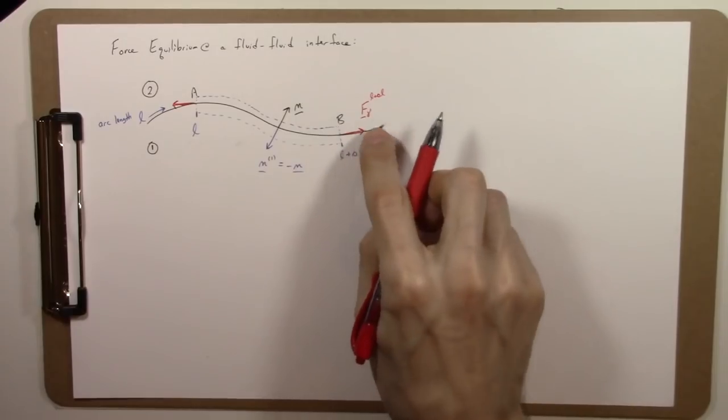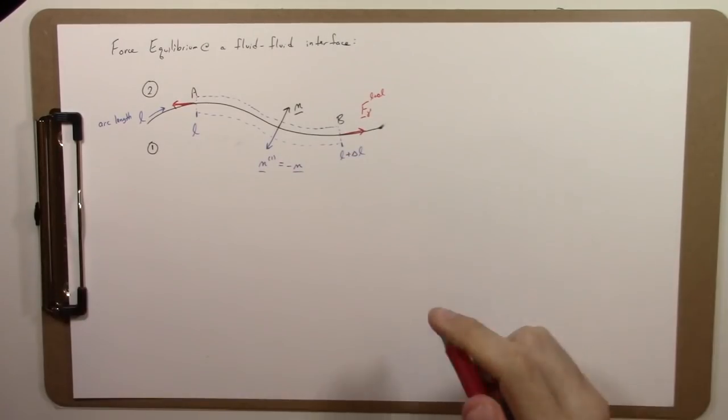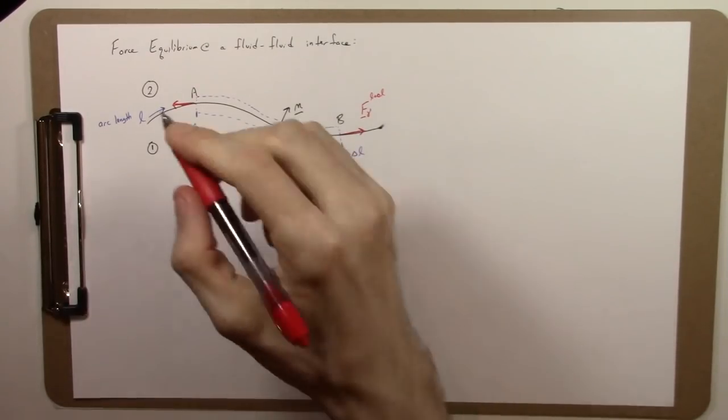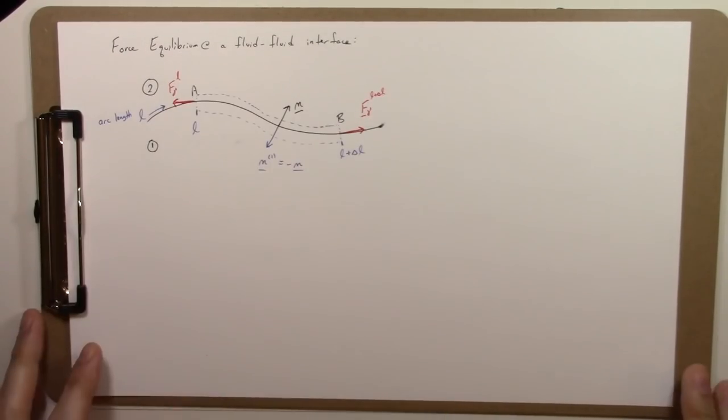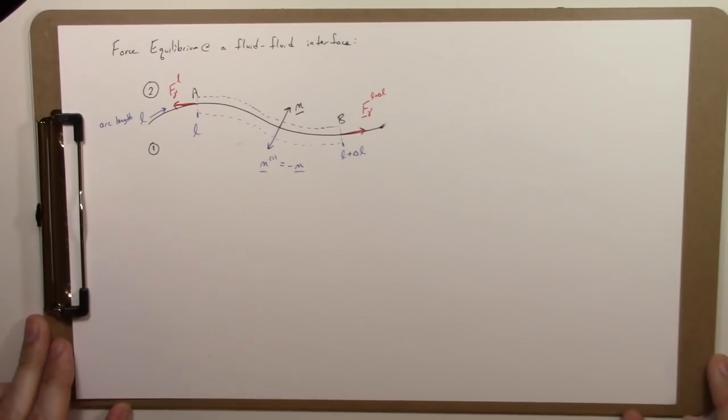It's just like you have string on both sides. The string is being pulled apart, providing a tension. So here we have F sub gamma at location L.